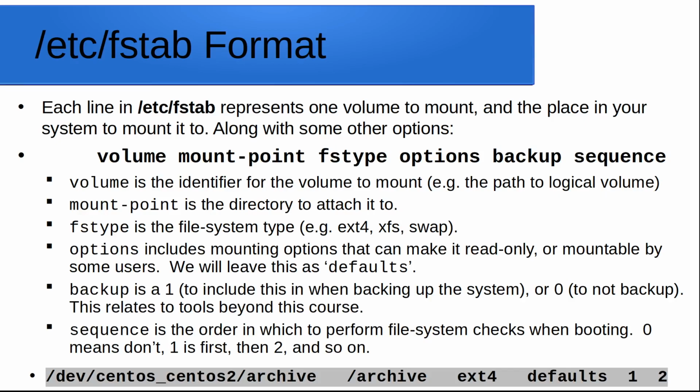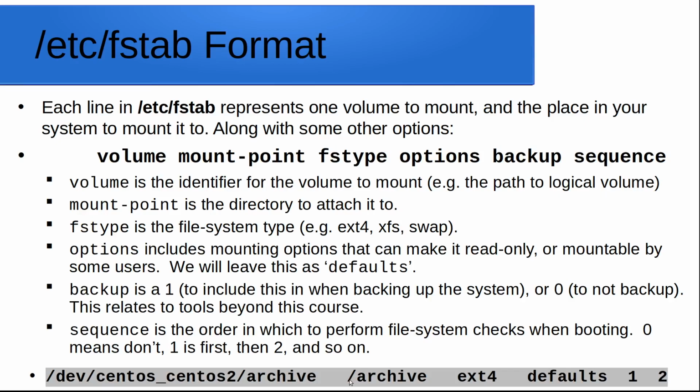So we've got an entry here. I'm going to ignore the one at the top. Dev CentOS _ CentOS2 archive, that's the volume that we're mounting, right? Now where are we going to mount that? We're going to mount it to /archive. It's got a slash in front of it. They should all be absolute paths, right? So that indicates that this is from root.